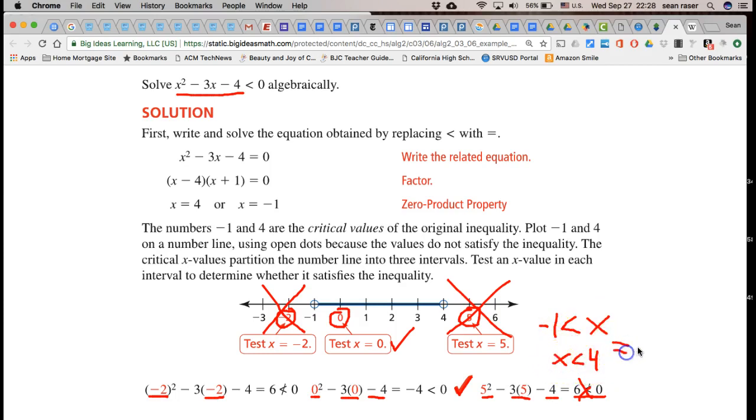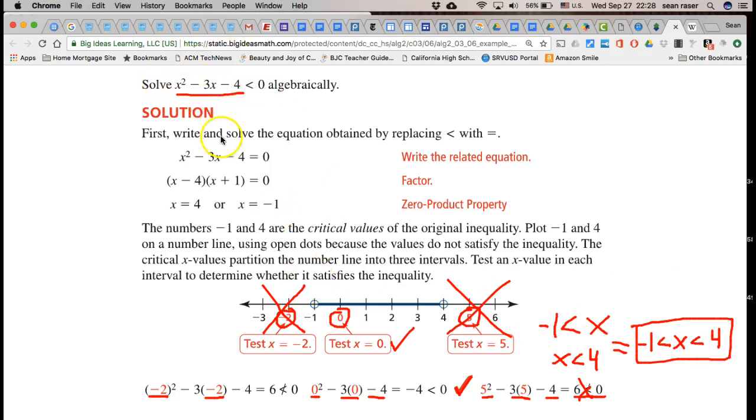We can write this as x is in between -1 and 4. So this right here would be the solution. Notice there's no "or equal to" here because our original problem just had a greater than sign or less than sign.